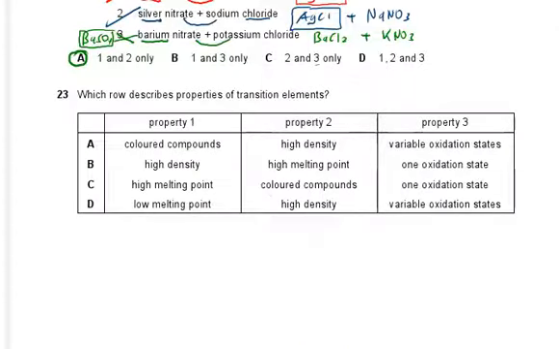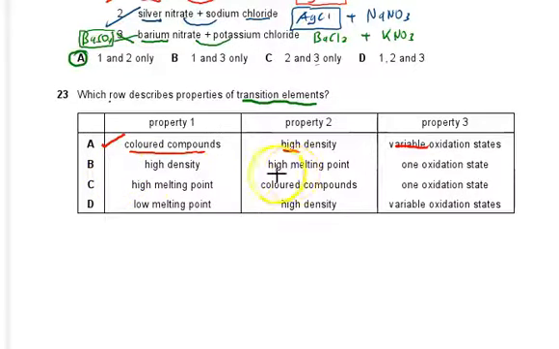Now let me look at number 23. Which row describes the properties of transition elements? Let us just eliminate the ones that are not relevant. They have variable oxidation states, high density, yes. Colored compounds, yes. This is all okay, so maybe A is the answer.